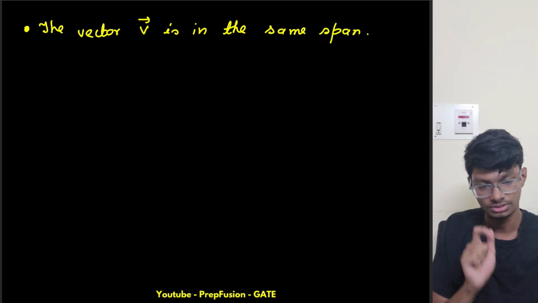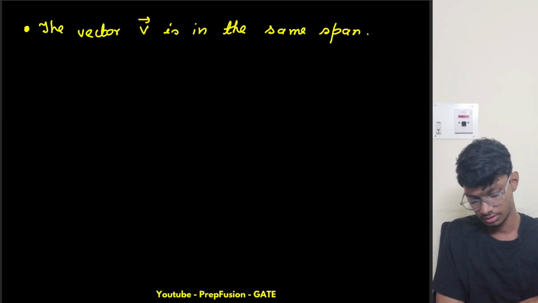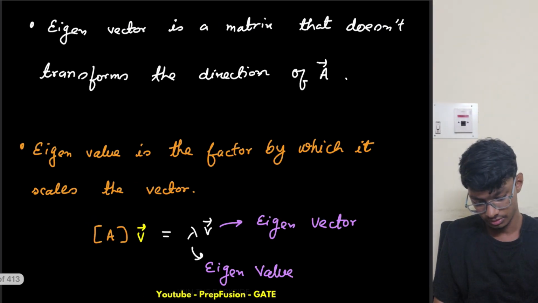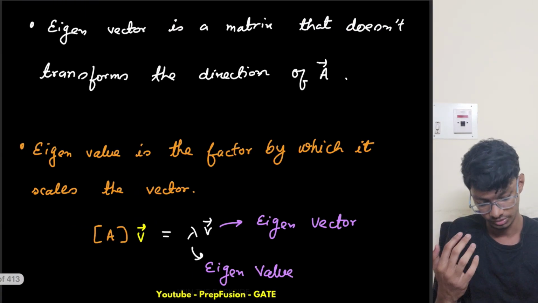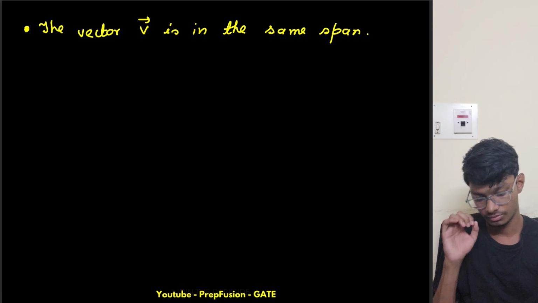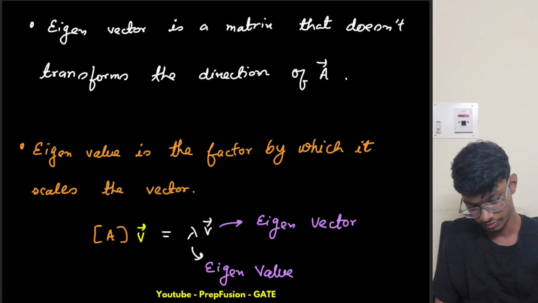The vector v is in the same span. So how to solve this equation, what equation do we have? This one. Let me copy this.